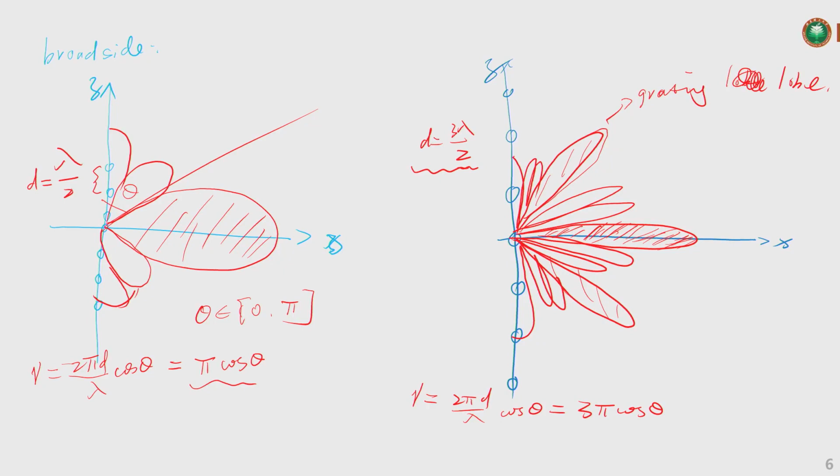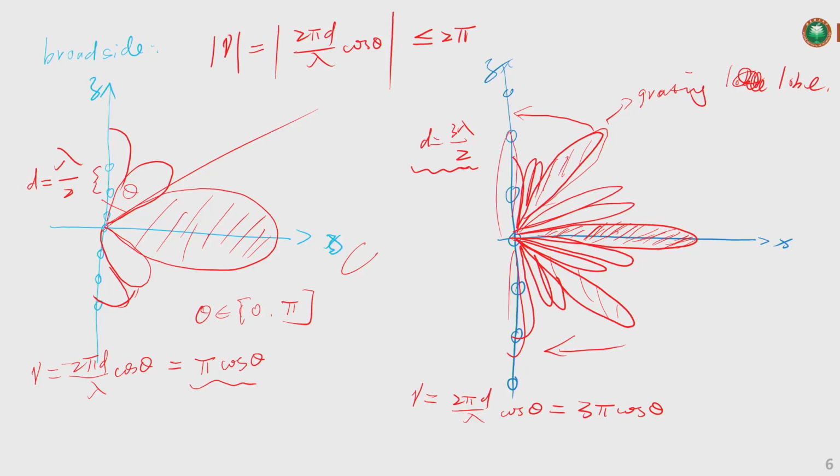So for such conditions, the restriction gamma equals 2 pi d over lambda cosine theta should be smaller than 2 pi. And then the grating lobes are going to be moved to this side, to this side, this part, like this one.